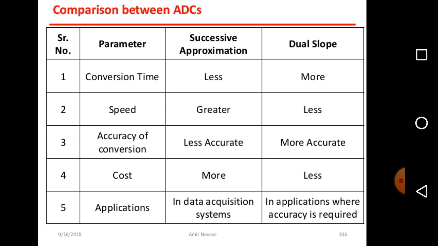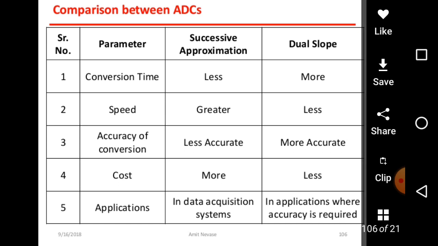Accuracy of conversion: successive approximation is less accurate, dual slope more accurate. Cost: more for successive approximation, less for dual slope. Applications are in data acquisition systems, and in applications where accuracy is required.